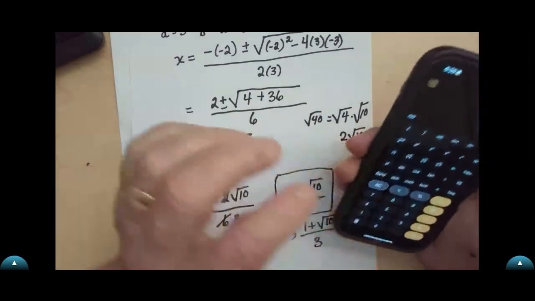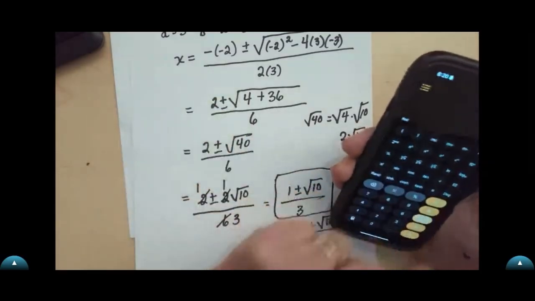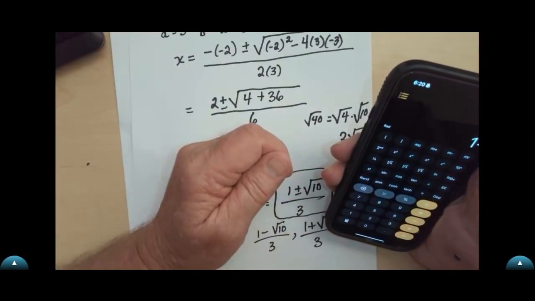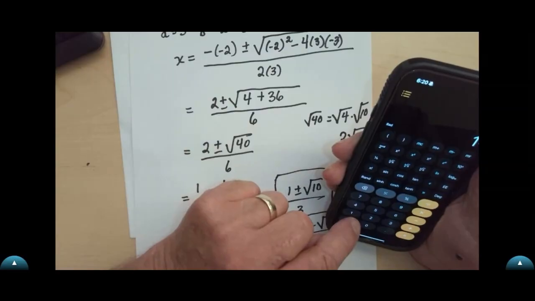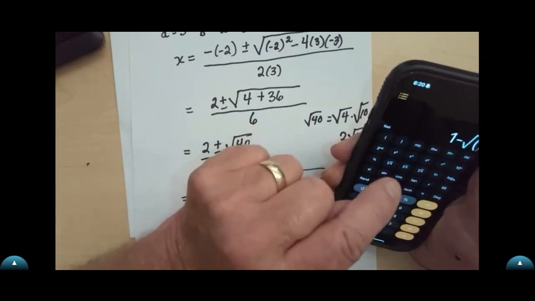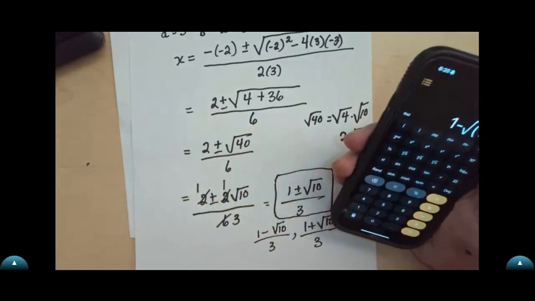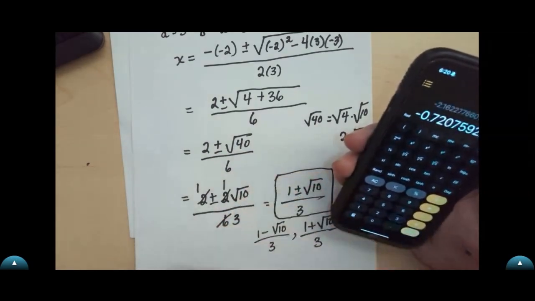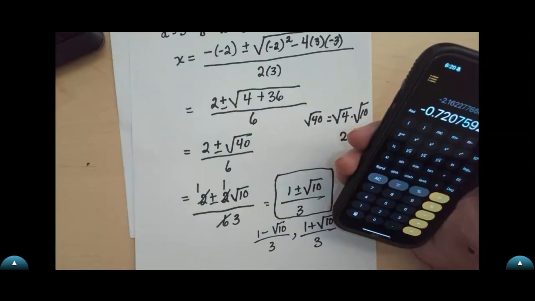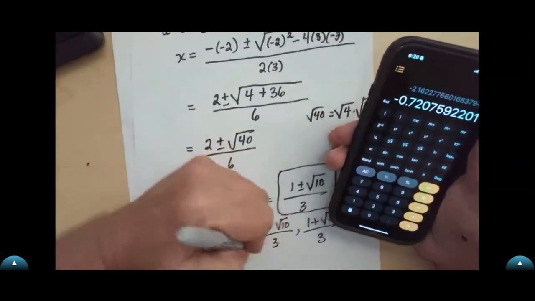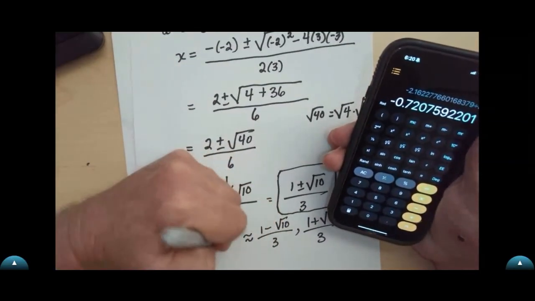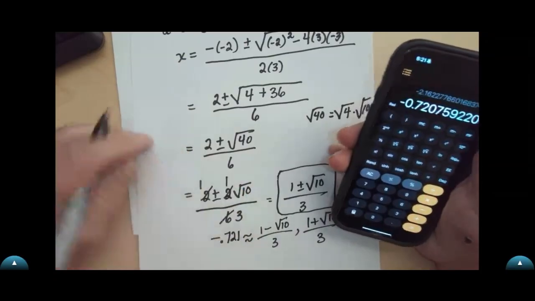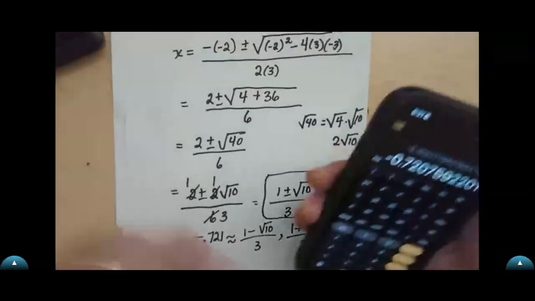So we got 1 minus the square root of 10 divided by 3, which is about equal to negative 0.721 if I round it to 3 decimal places.